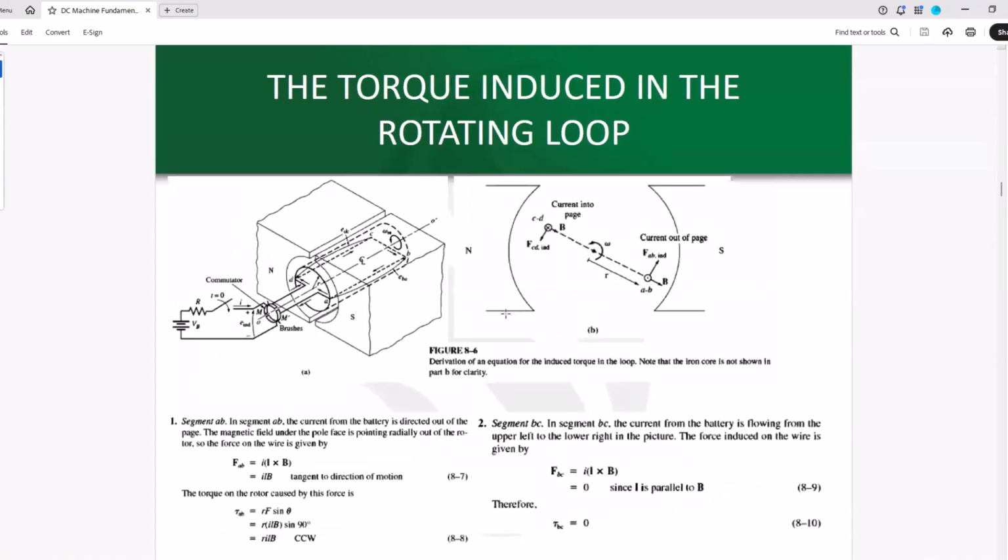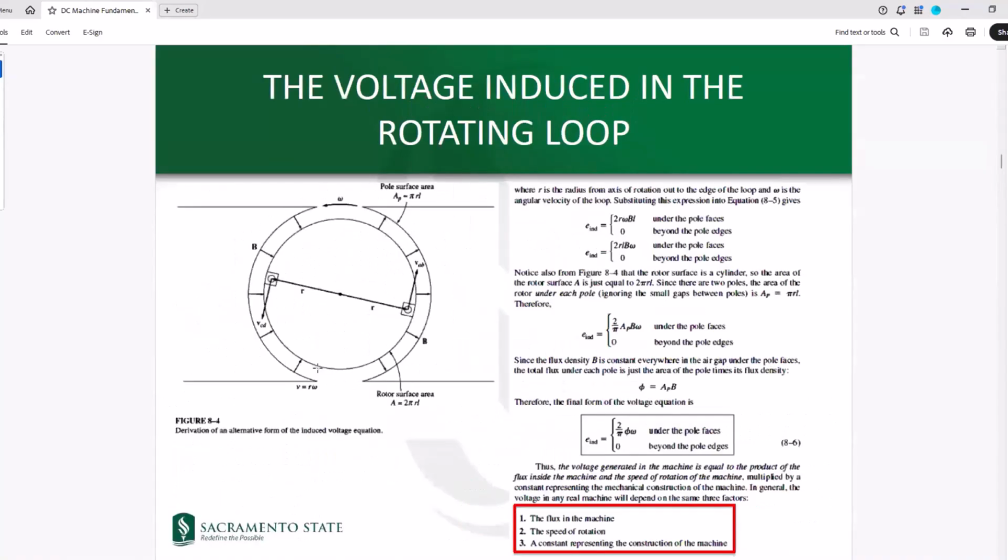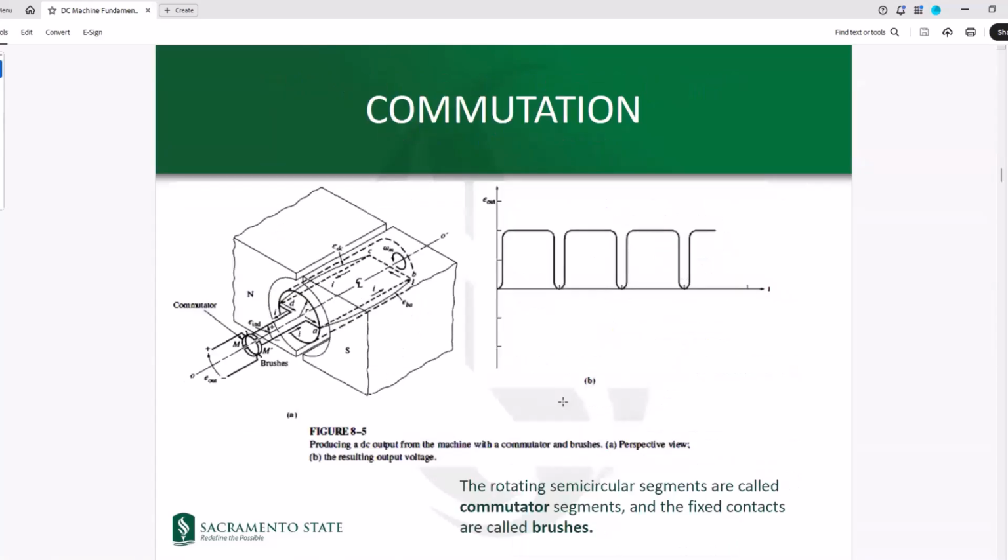We also talked about how a torque could be induced in this machine and provided the torque equation. For both the torque and the voltage, we saw that if you increase the number of conductor loops, no matter how the machine is constructed, the induced voltage is a function of phi, the flux per pole, and omega, the rotational speed, and some constant depending on how the machine has been constructed.